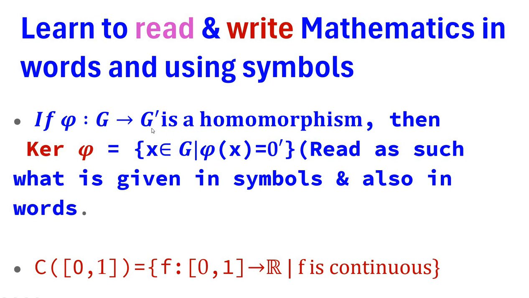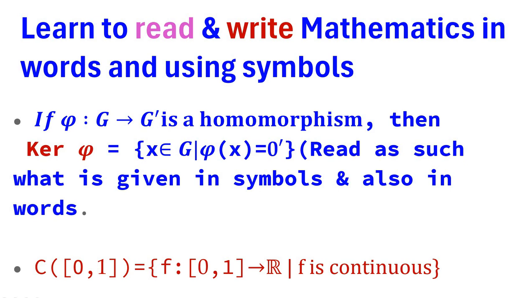So if phi from G to G prime is a homomorphism, then kernel phi is, if we read this as such, all those elements x in G that are mapped onto the identity element, that is, all those x in G for which phi of x is 0 prime.